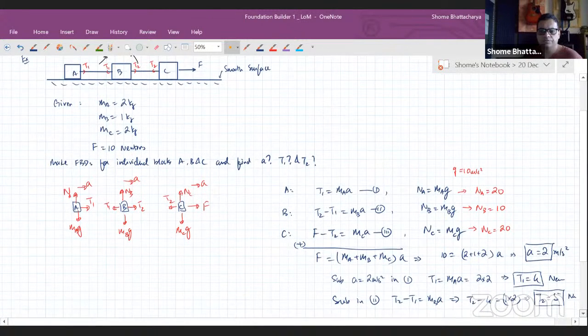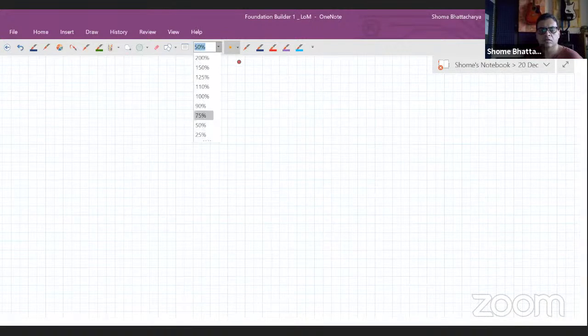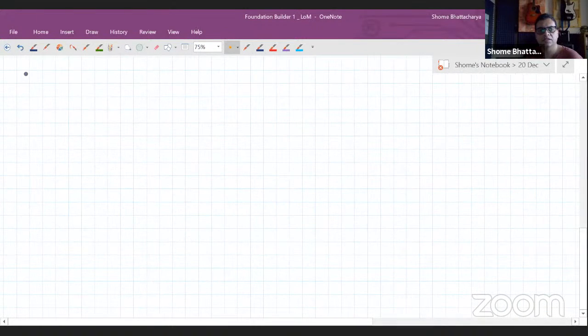So let's look at another problem next. Now, next example, we have the situation of an inclined plane.